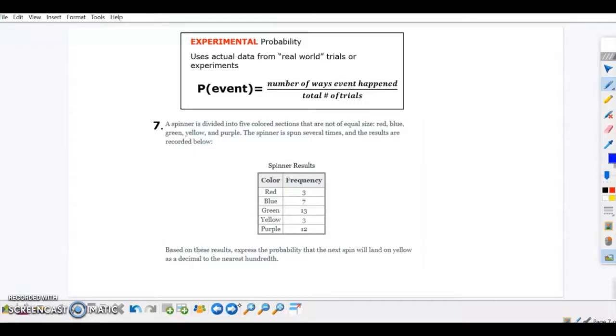And what do you get? There were 3 times that it landed on yellow. Total, we would need to add all of these up, and those should add to 38. And then 3 divided by 38, if we look at a decimal to the nearest hundredth, would be 0.08.